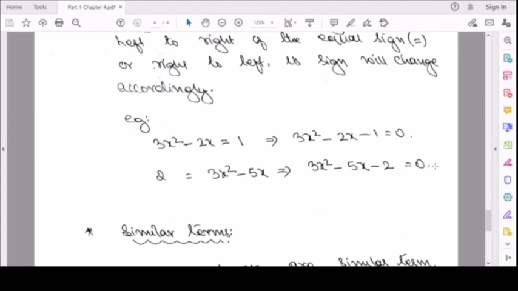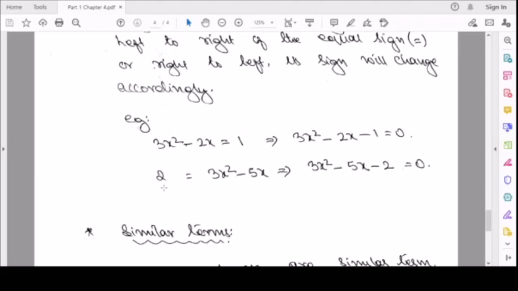Okay, and this is also very important, because most of the time you will be using this. If you take this 3x square to the left, it will change to minus, and then this 5 will change again, minus will change to plus. It will not be very nice to look at.